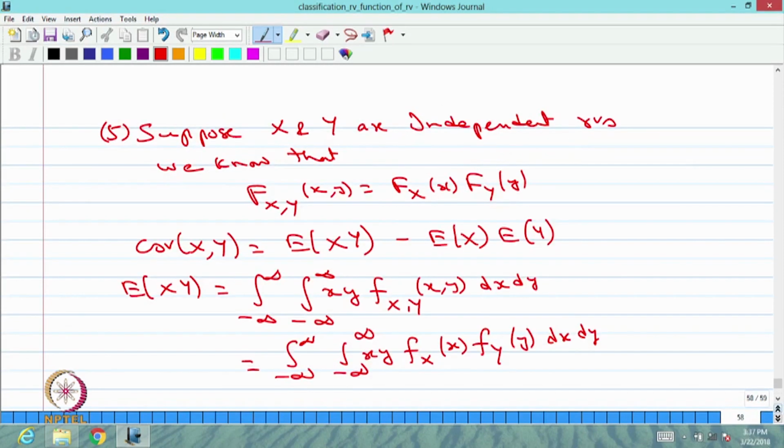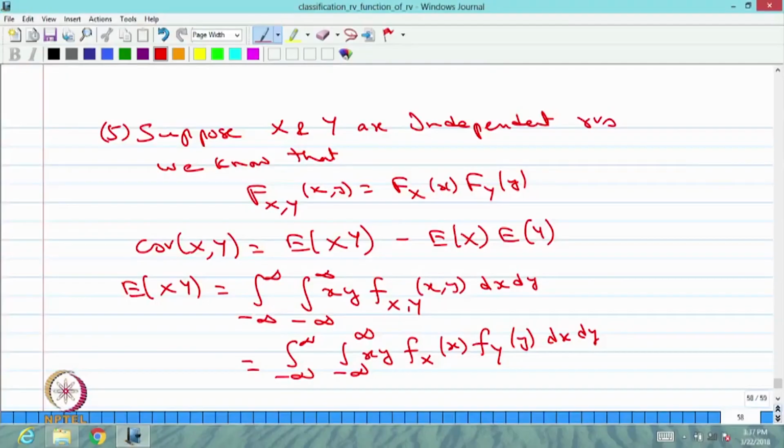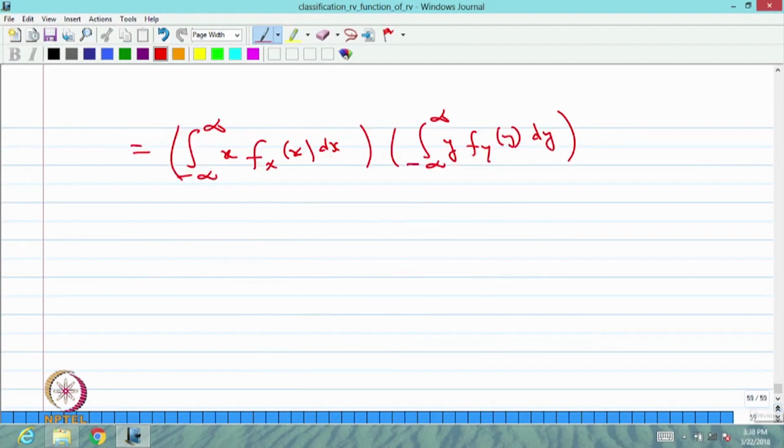This is because the joint probability density function can be written as the product of the probability density functions of x and y. Therefore, I can keep x, f of x together, and similarly y and f of y together, so the integration becomes the product of these two. The first integration is expectation of x and the second is expectation of y.